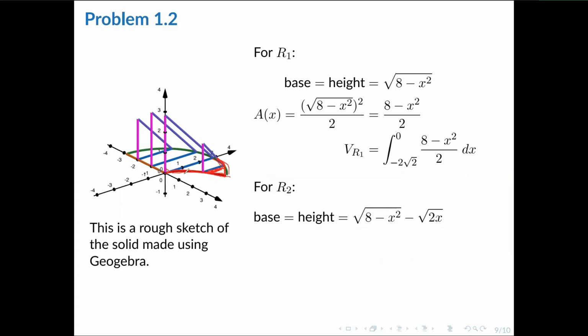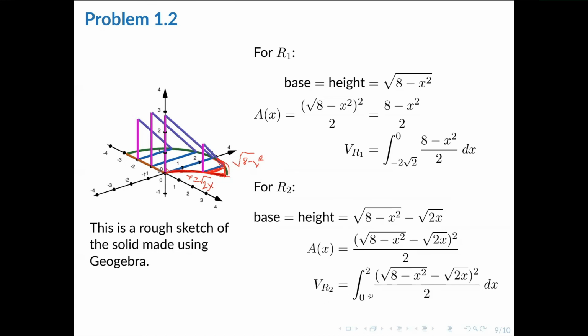Y is equal to square root of 2x, then y is equal to square root of 8 minus x squared. So the area is now given by this expression. And the volume is given by this integral.